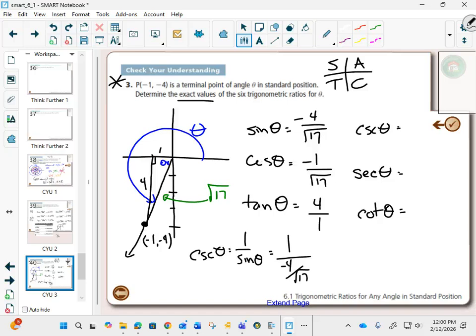Complex fractions are fractions inside of fractions. You would have to simplify. How do you divide by a fraction? You multiply by the reciprocal. So if I multiplied by the reciprocal, I would get 1 times root 17 over negative 4, and this is the shortcut. Notice the answer just got flipped? So the shortcut is take each of these and just flip them. And you have your answers very quickly.